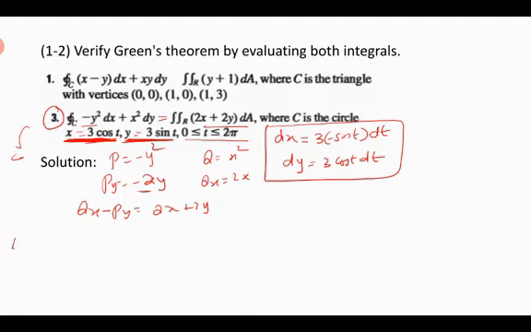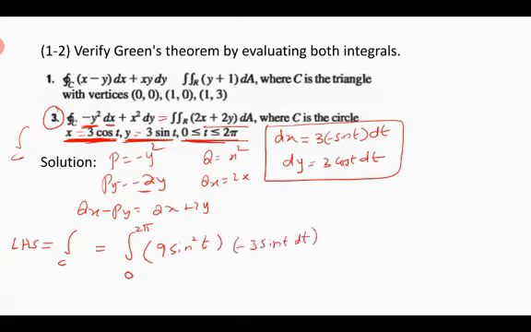So the left hand side is the integral over the curve C, which is an integral over t, with respect to t, from 0 to 2 pi. And what is y? First integration: y squared. Y is 3 sine t, so 9 sine squared t, and dx is given here, minus 3 sine t dt.